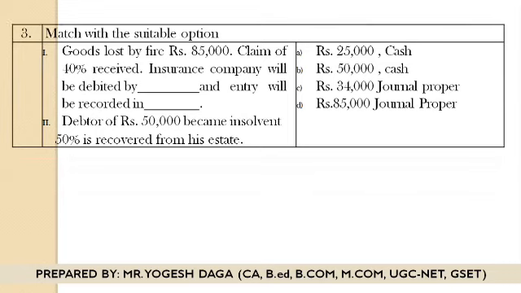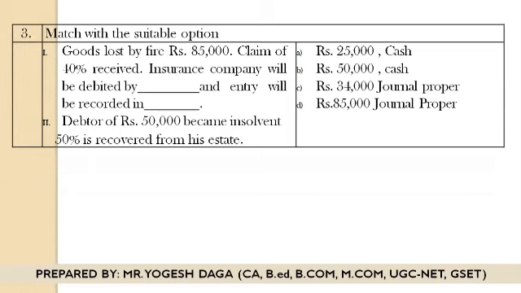Now the next question here on the screen, match the following option. Goods lost by fire, rupees 85,000. The claim of 40% received. So out of 85,000, 40% claim is received from the insurance company. So insurance company will be debited by dash, and entry will be recorded in dash. So you are required to know where you will write this entry.